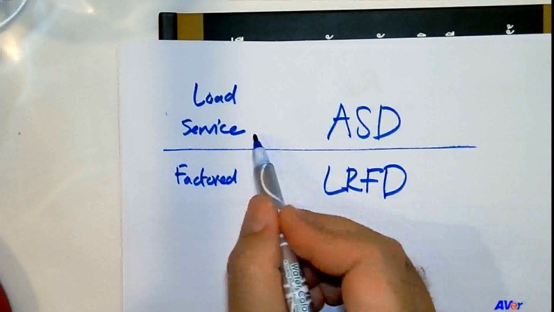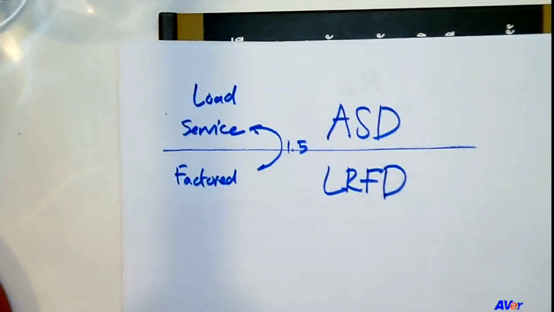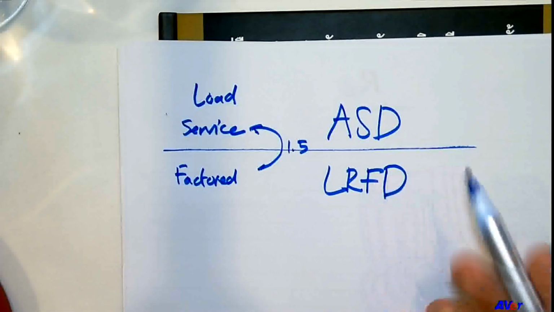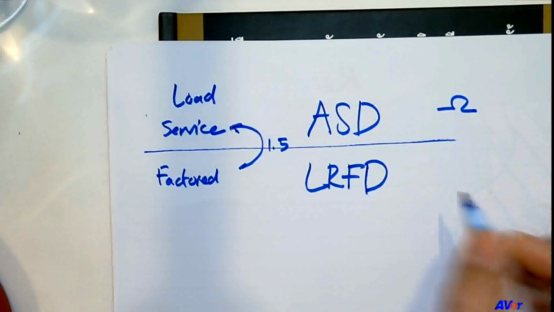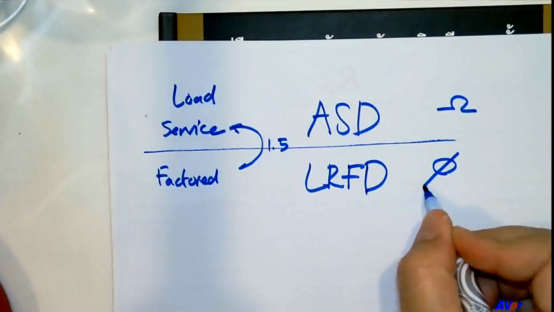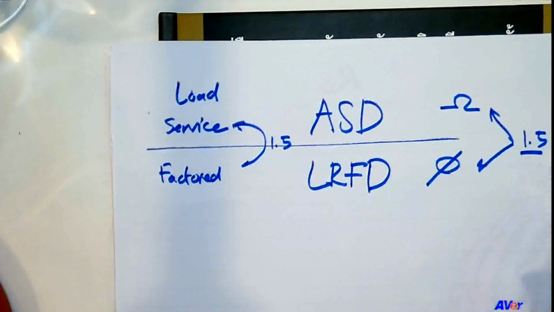Generally, this is 1.5 times different. This is the magic number that they use when they want to develop two different design approaches. So that means on the resistance side, when you consider the factor of safety and the phi factor, when you multiply this together, the number is always 1.5.